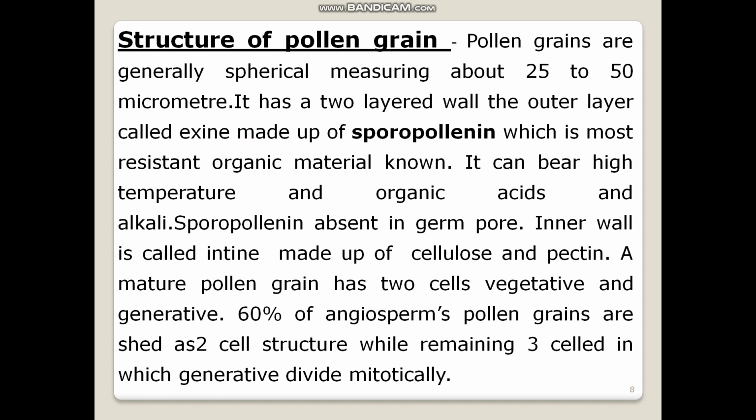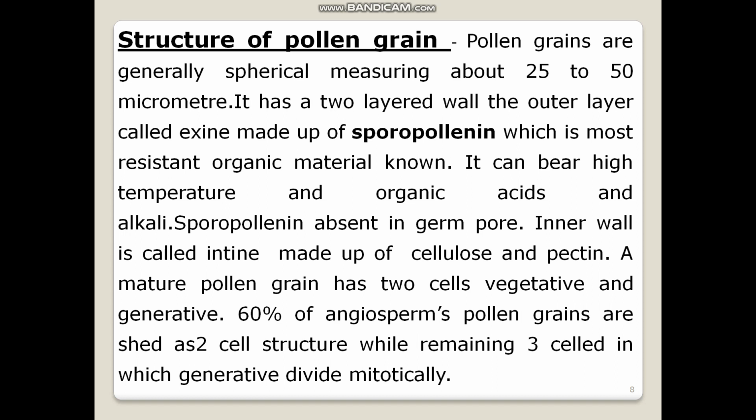But sporopollenin is absent in the germ pore, right? Why is it absent in the germ pore? Because germination takes place from the germ pore. If sporopollenin were present on the germ pore also, how would germination take place? That's why it is absent on the germ pore. The inner wall is called the intine. It is made up of cellulose and pectin.